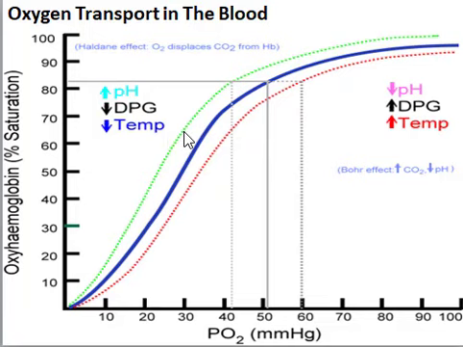Shifting of the curve to the left means increasing affinity to oxygen, more combined with oxygen, and it cannot give the oxygen up easily. This occurs mostly in the lung, where the hemoglobin attaches more and more to the oxygen, with increasing pH, decreasing temperature, and decreasing diphosphoglycerate.